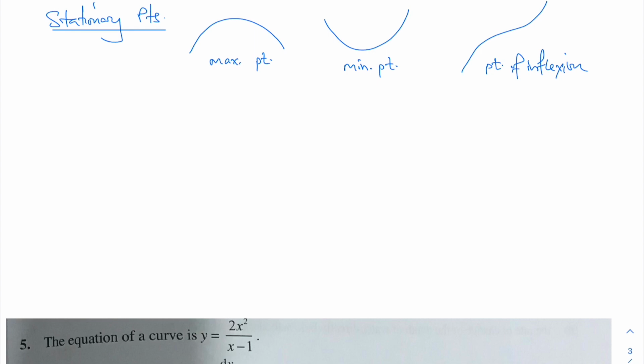And the characteristic of stationary points, basically these two, we call them turning points. Alright? That means at this point where it turns, and at this point of inflection, there is a common trend.